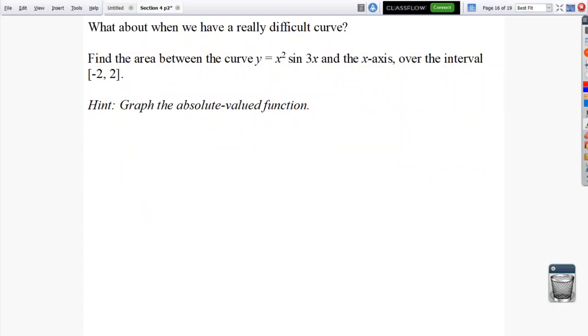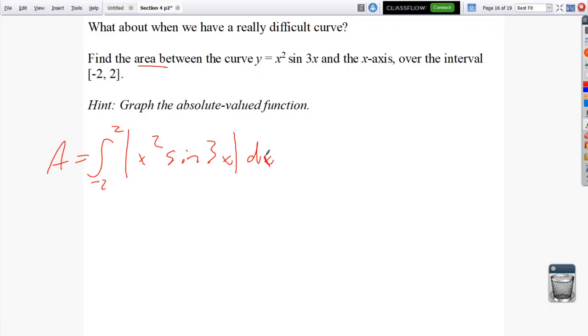So, looking at this one right here, instead of actually trying to graph anything and figure out anything whatsoever, when I see area, I know that I need to talk about only positives. I'm talking about the integral from -2 to 2 of the magnitude of x squared sine of 3x dx. Then I just type that in my calculator and get an answer.